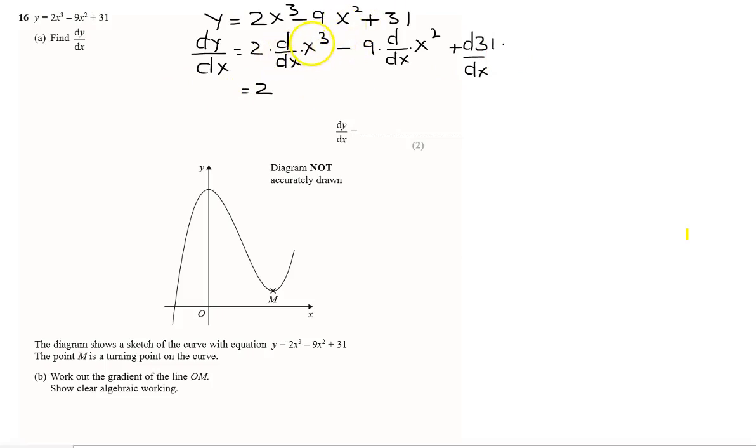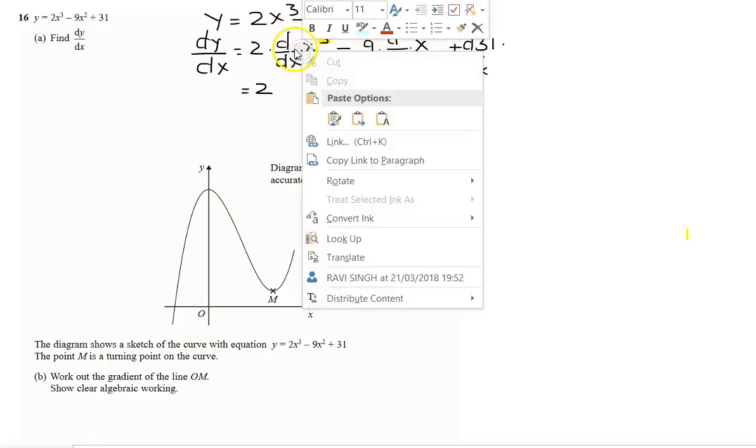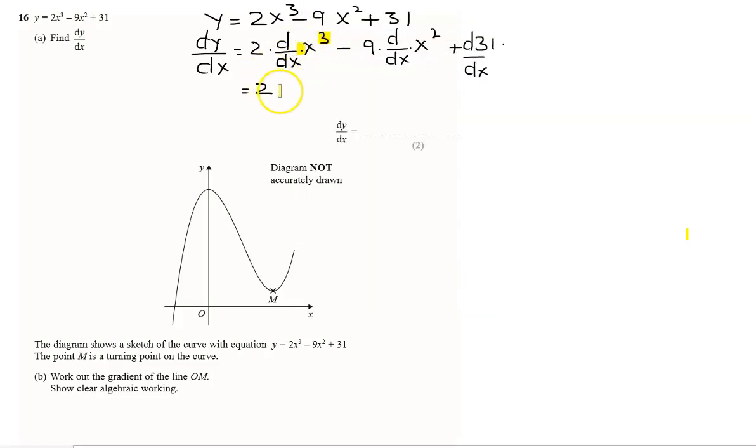When we differentiate, we multiply by this power. This power will come here, and we will subtract 1 from here after multiplying it. So this will become 3 x to the power 3 minus 1, minus 9.